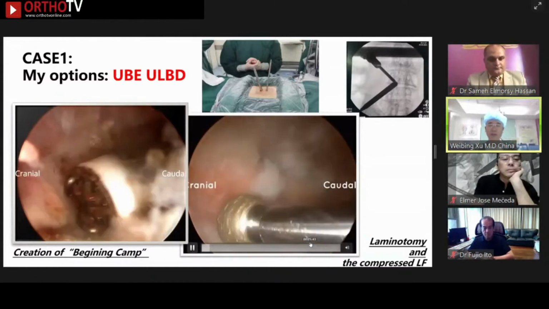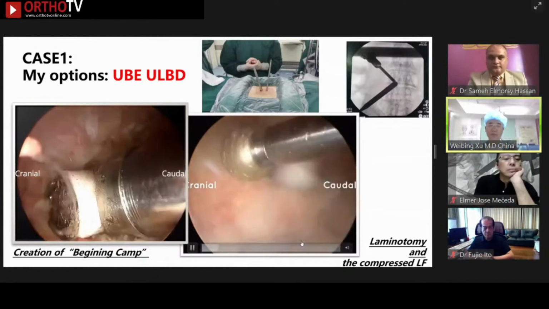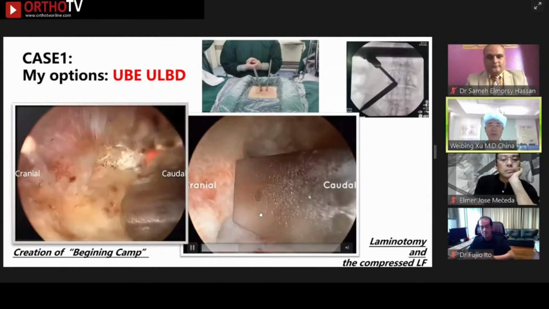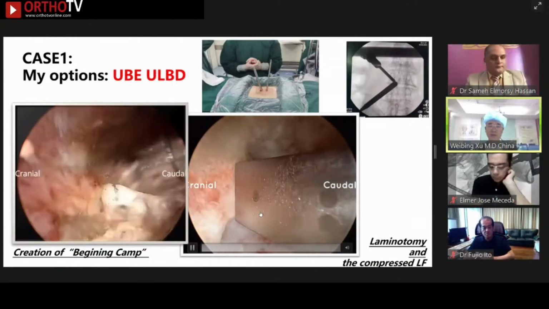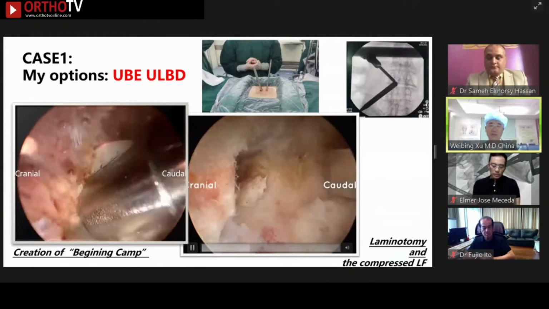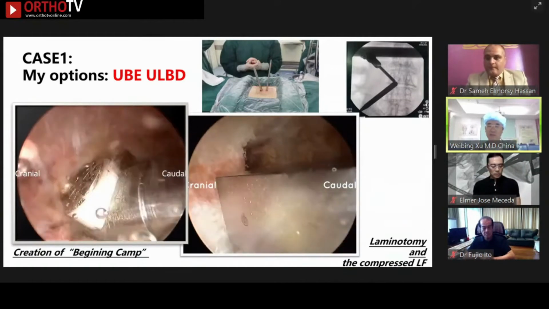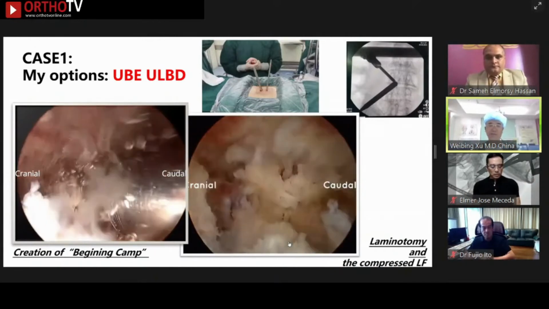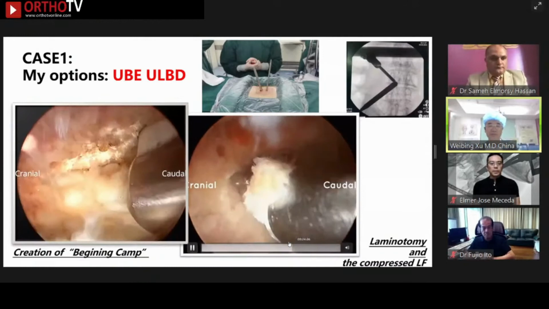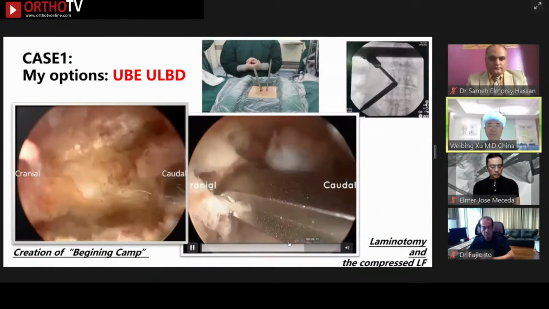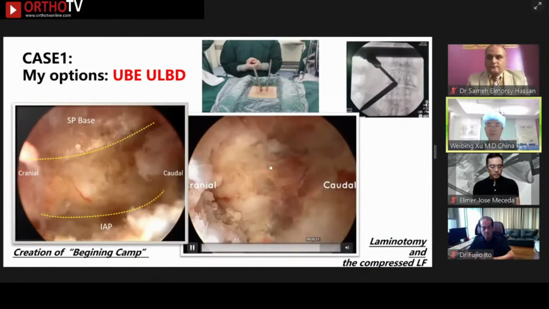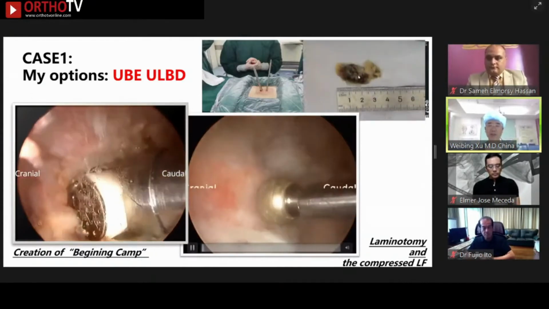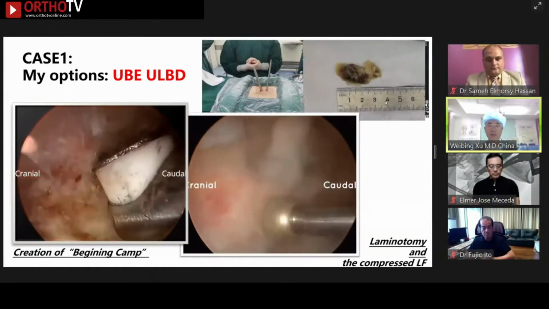Then we do laminectomy with burr, autotome and also a coagulation probe. This is ligamentum flavum, dark. Maybe it is necrosis of the ligamentum flavum.